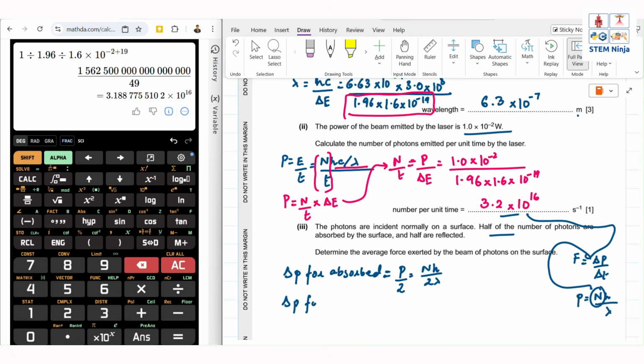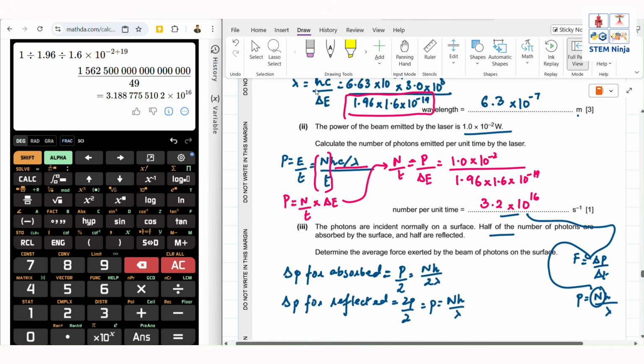Then for reflected, it's going to be 2P over 2. Again, half because it's half the number of reflected. And this is going to be the change in momentum 2P. So this is just P, which is just going to be NH over lambda.